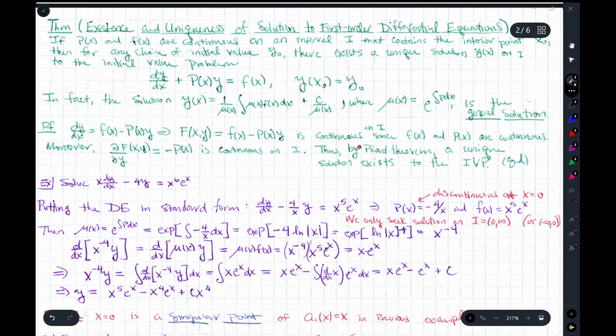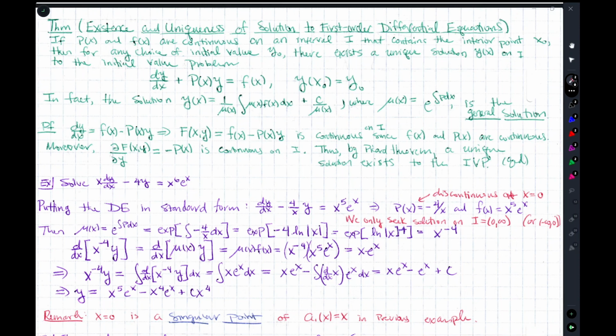Okay, so because these are continuous, this is continuous. And then we have to check one more condition, that partial F partial y is continuous, and it is because p of x is continuous. So here I call it the Picard theorem, but again, there's a variant where they use something called Lipschitz continuity. Here we're just looking at partial F partial y. We know that a unique solution exists to the initial value problem.